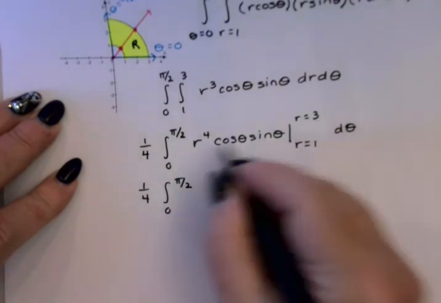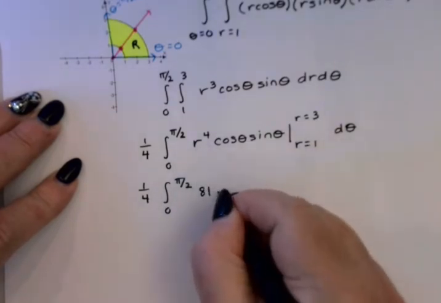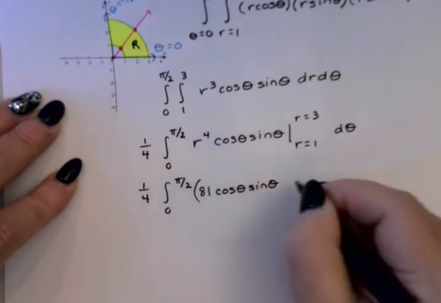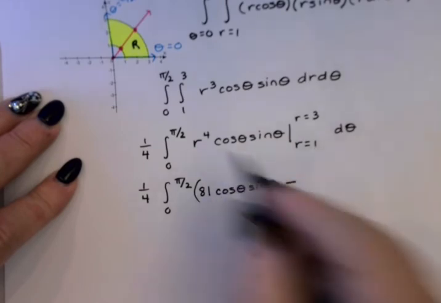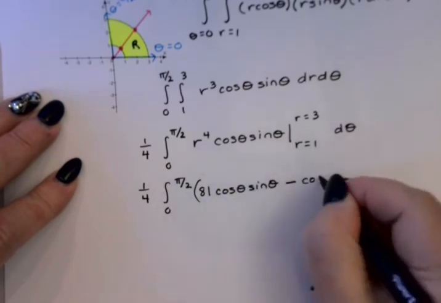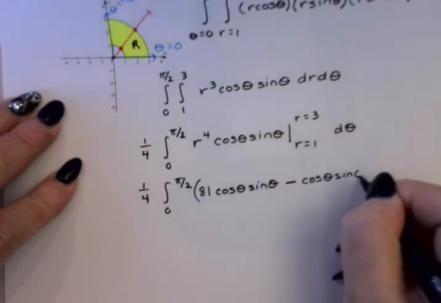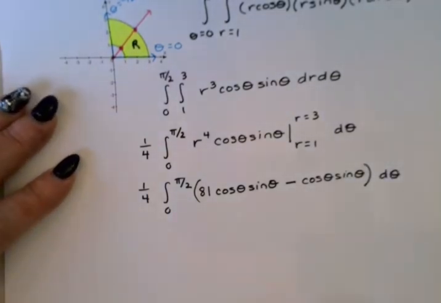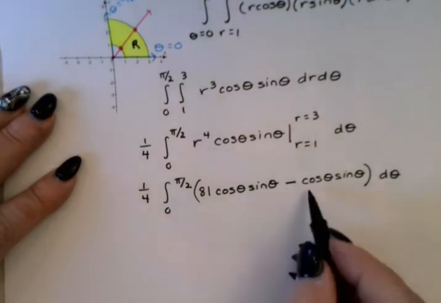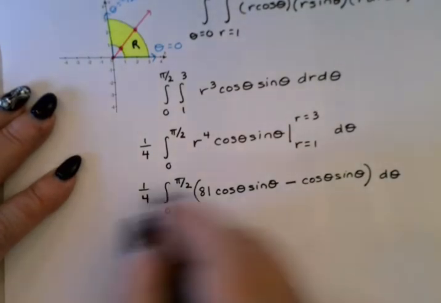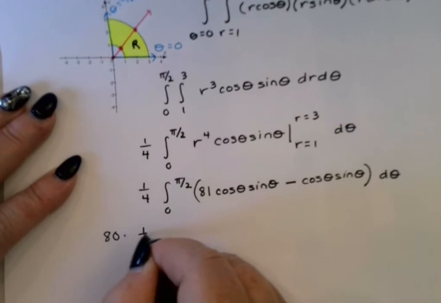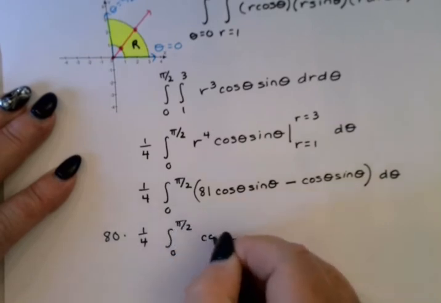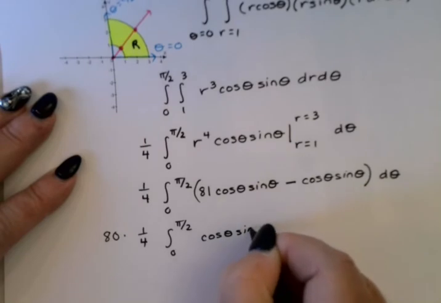Plugging in r equals 3 would give me 81 cos theta sine theta, minus plugging in the 1, which is just going to give me 1 cos theta sine theta. And 81 minus 1 would be 80. I'm going to pull the 80 out here, and then I just have cos theta sine theta d theta.